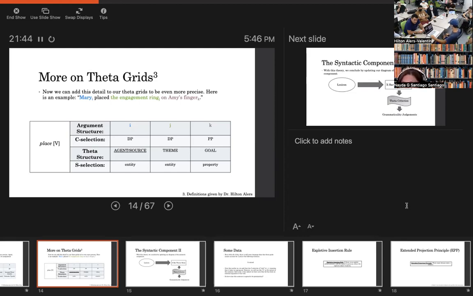That theta grid tells the combinatorial properties of that word, and the combinatorial property has to be satisfied, otherwise the structure is grammatical nonsense. In theory. And when you're parsing, I guess you would have to check each token for each possible lexical entry and then see which ones are satisfied. So it's very complicated.